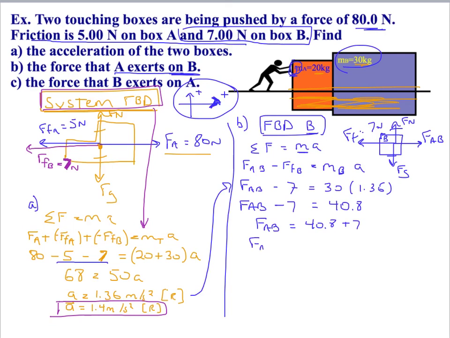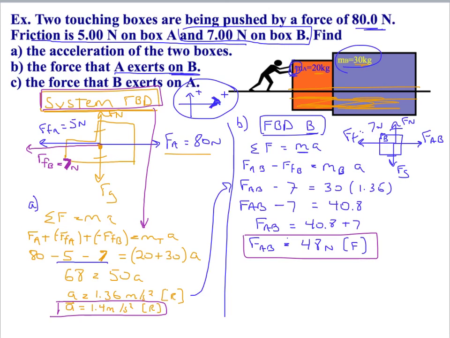So the force that A exerts on B is 47.8 newtons. That's approximately 48 newtons. We'll do our rounding for significant digits here. It's approximately 48 newtons, in the forwards direction, my positive direction. And there is the answer. That's the force that box A exerts on box B.